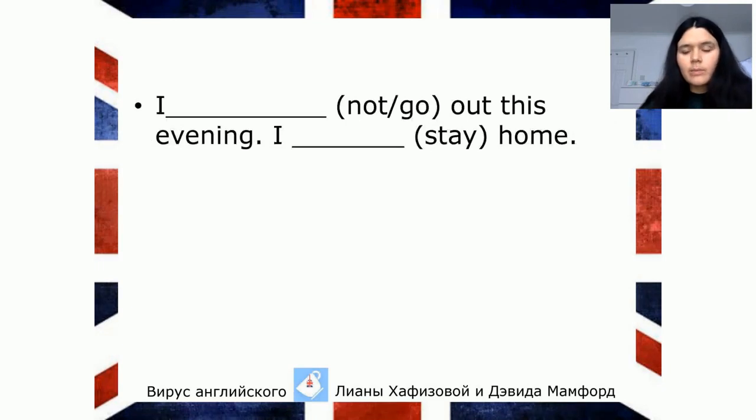Next example. Going out this evening. I stay home. As all of us do, since we are all on lockdown and cannot go out much. Luckily, in England, it's okay to leave your house with no special document for that.